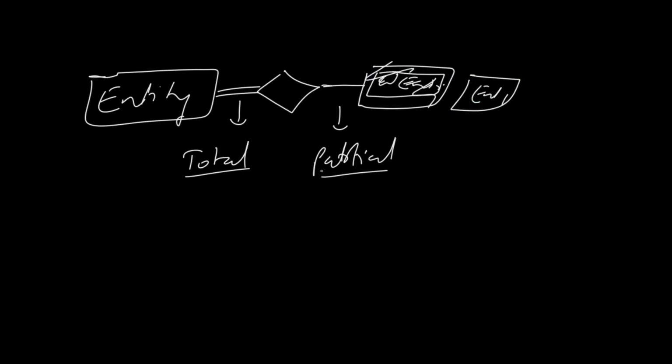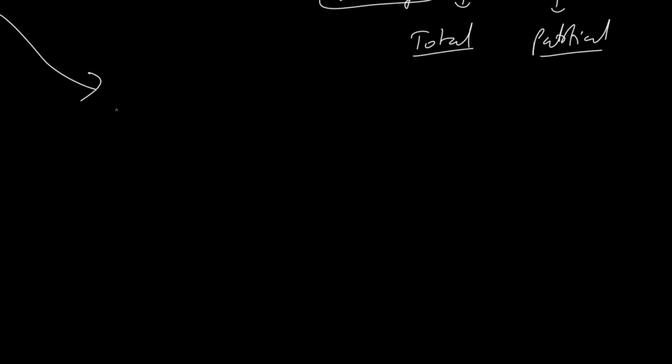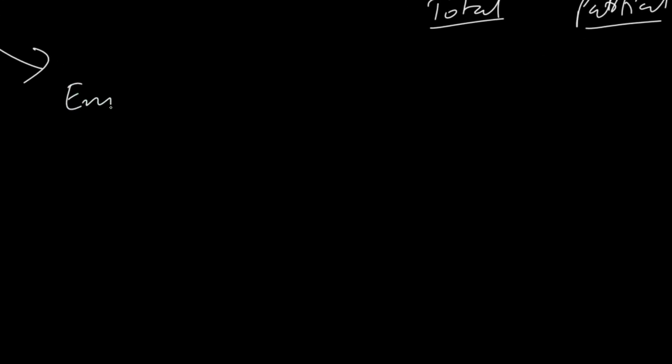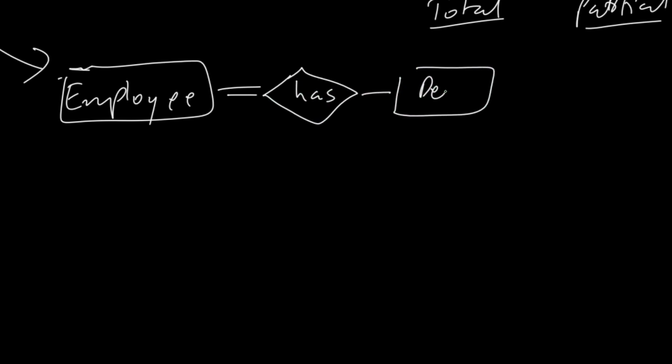Now the whole idea about total and partial participation is how many records of each entity are required in the relation. Let's talk about total participation first. Total participation is simply the idea that all the records of a single entity have to participate in the relation. For example, let's say employee is an entity, and it is participating in a relationship, has, with an entity called department.